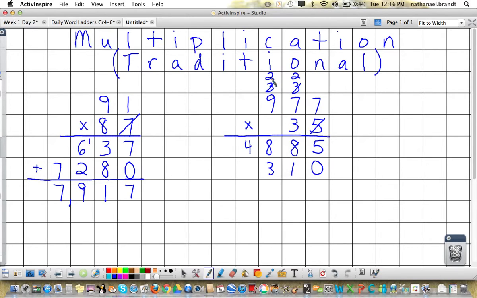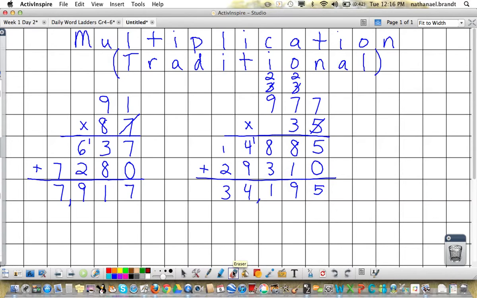Plus 2 is 29. And then we go through and we add them up. 11, 14, and 3. So 977 times 35 is 34,195.